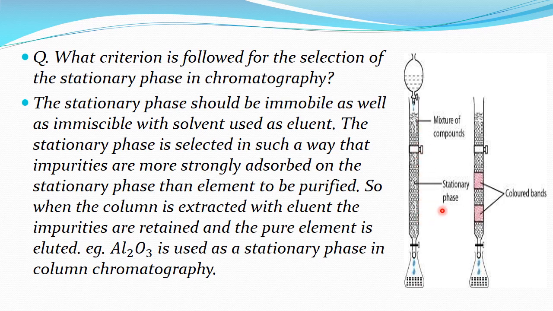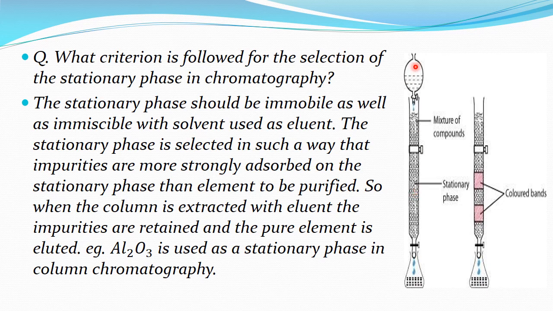Now we will see the conditions needed to select a suitable stationary phase in chromatography. The stationary phase should be immobile as well as immiscible with the solvent used as eluent. Immobile means the movement is restricted. The stationary phase should not move. Suppose it moves, what will happen?